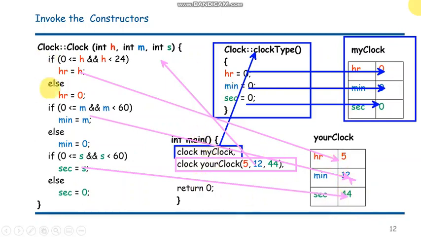Now, what if we didn't supply 5? Instead, we got something that is outside the range. Let's say that here, for H, the value 40. What will happen? It means that it is not within this range.